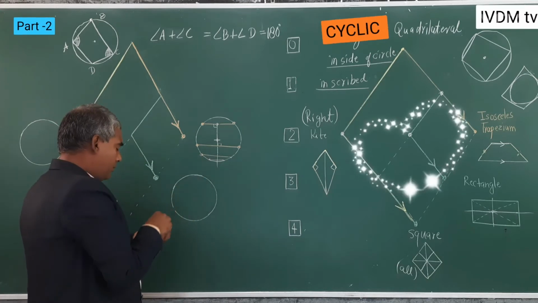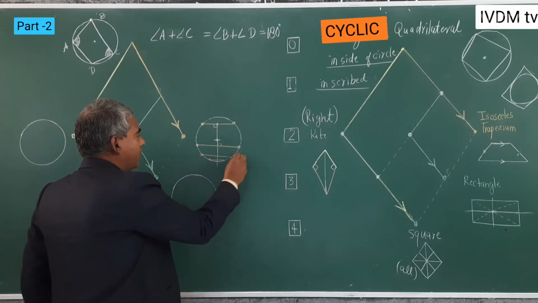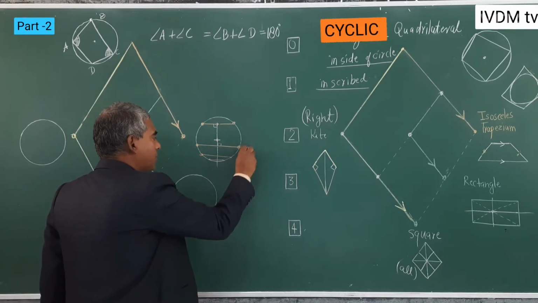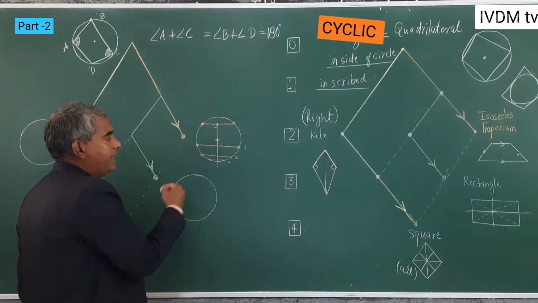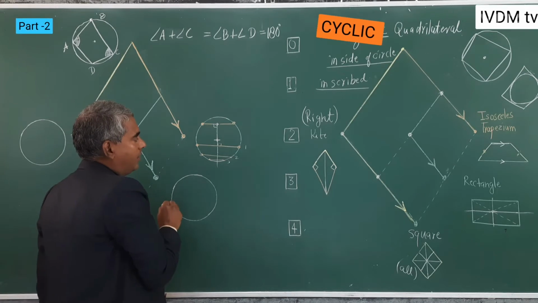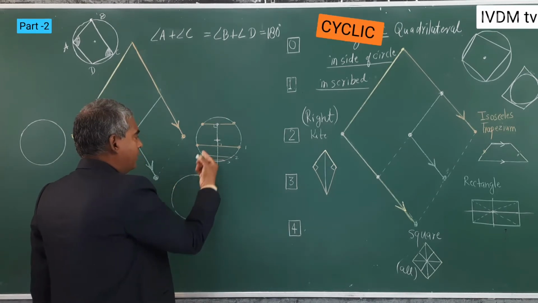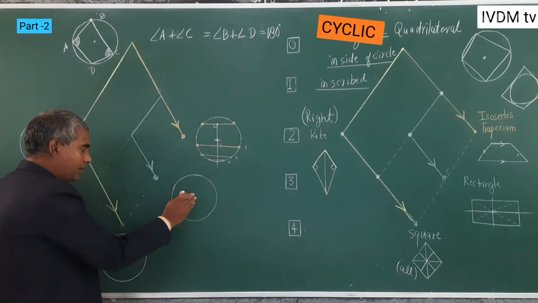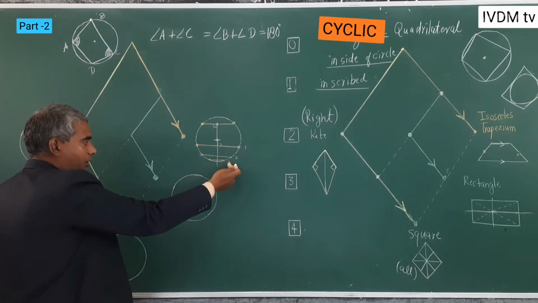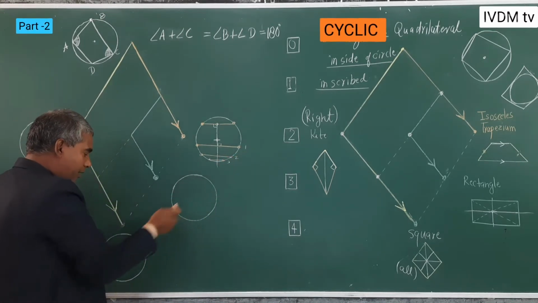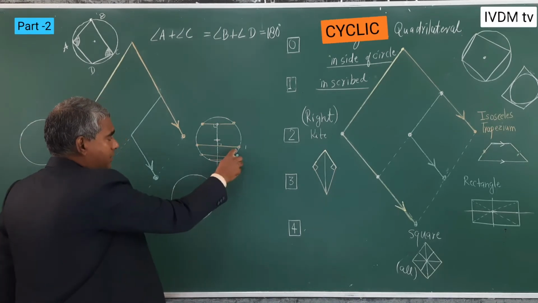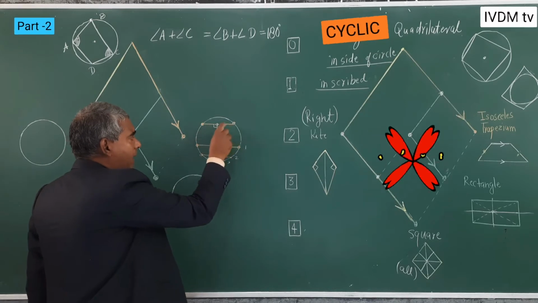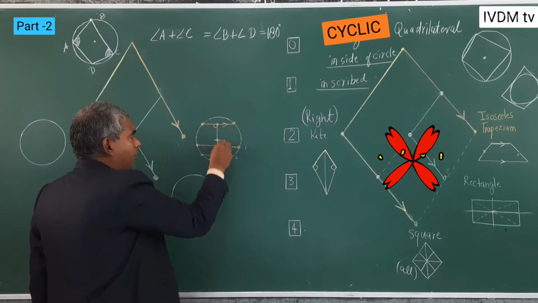Okay, so this is the first option, second option, third option. You may take any side, but this is the third option I have told, so this will go to here and here. I have taken only the general case, so general points. This is only parallel, nothing about equality.